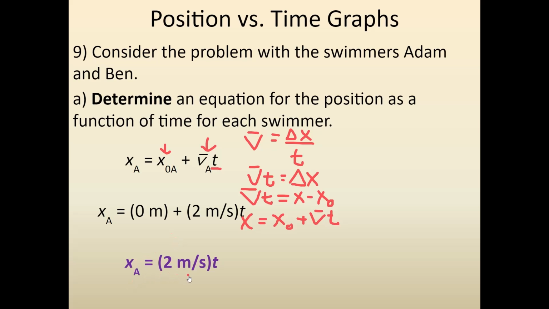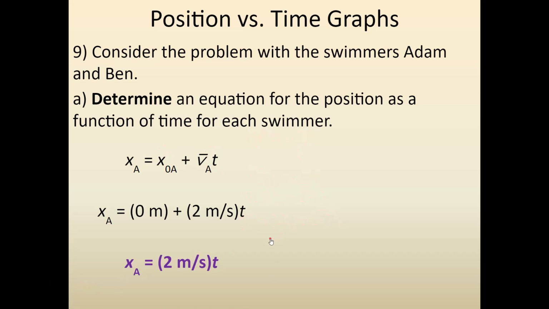So 2 meters per second times time will give us the position of Adam at any moment of time. And if we look back to the graph that we made for Adam, and put this into our graphing calculator, it matches the graph that we had made for Adam before. All right, let's erase all this before I move on.